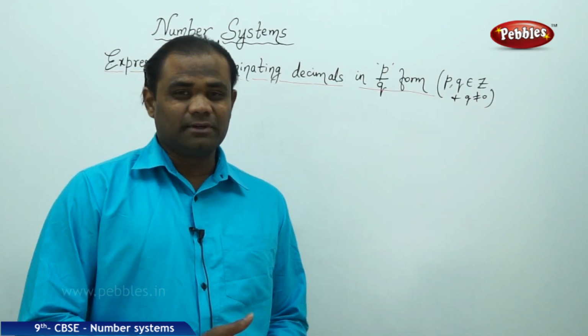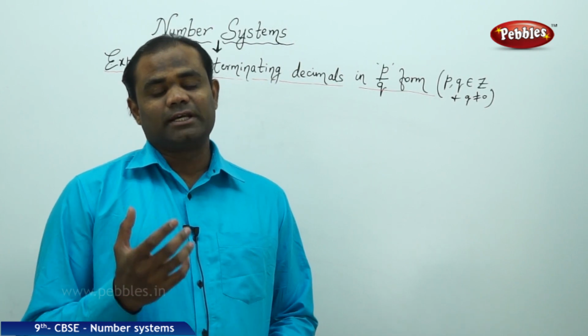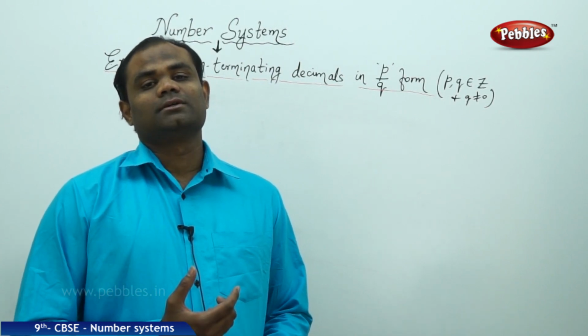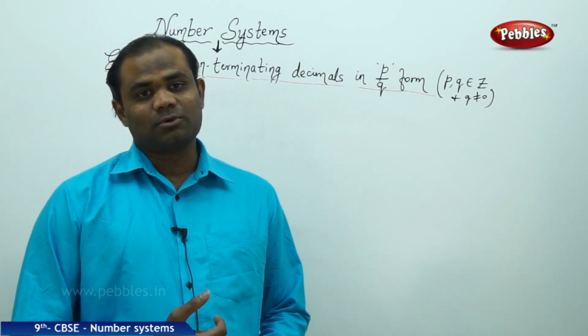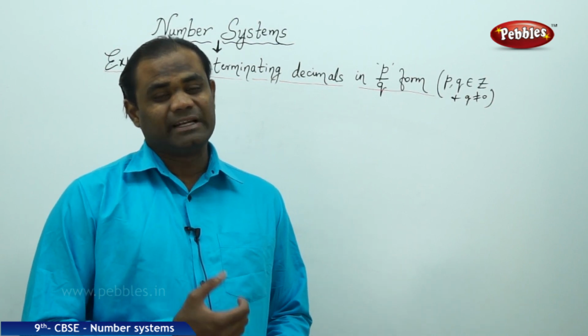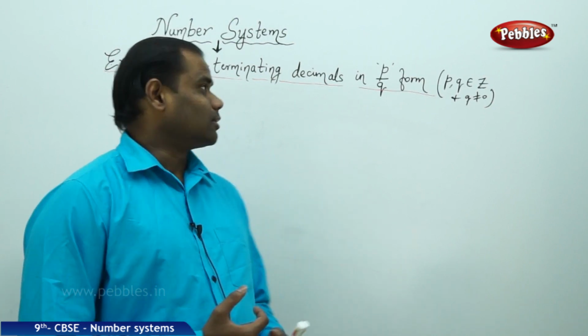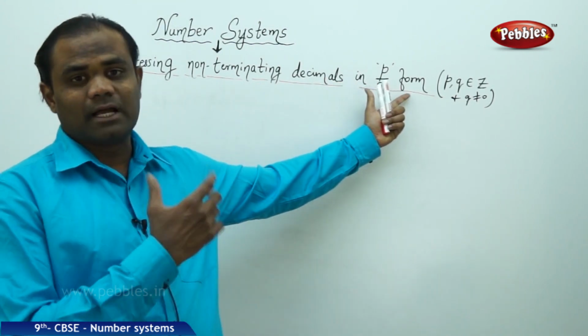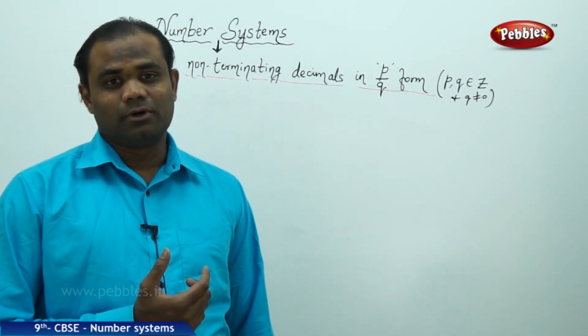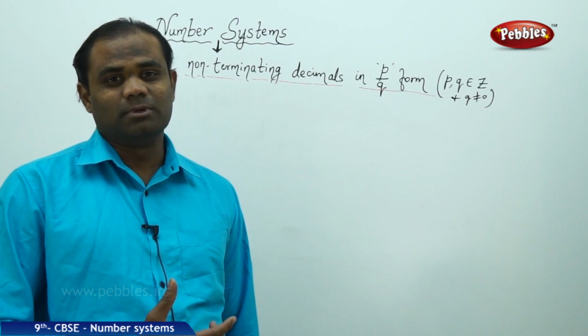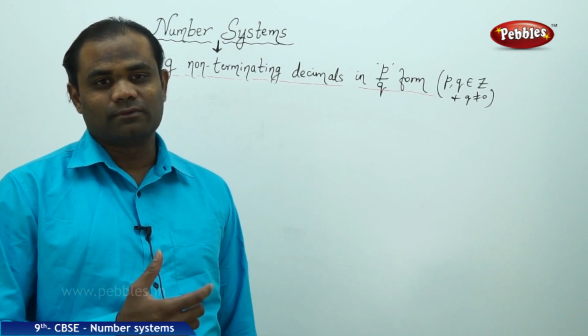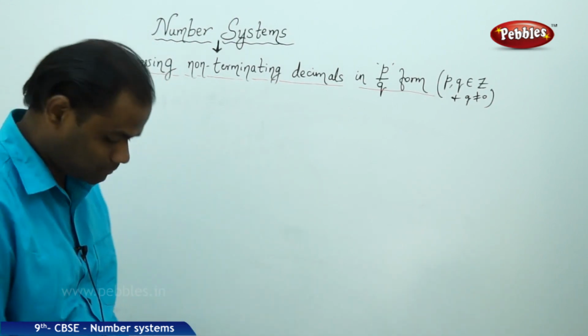In the previous session, we saw a number with one decimal place, 0.3 bar. Suppose I have the bar over 2 digits. Let's see how we can convert that into rational form, or whether it is possible or not, which is what we're going to investigate in this session.